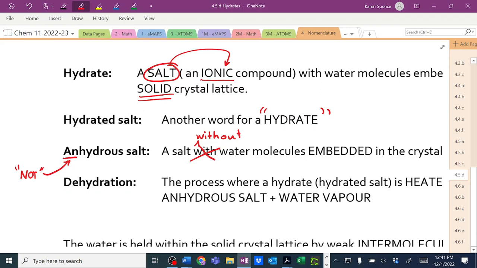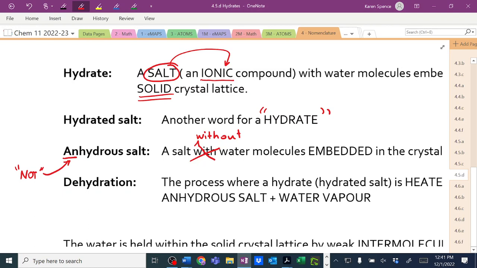What kind of bonds do you think are between the water and the ions surrounding it? Intermolecular forces. So which ones are strong and which ones are weak? The intermolecular forces are weak. The ionic bonds are strong.